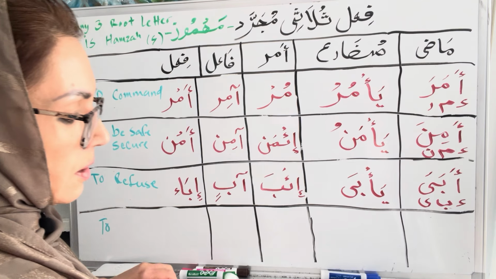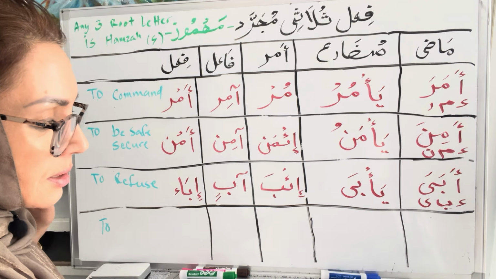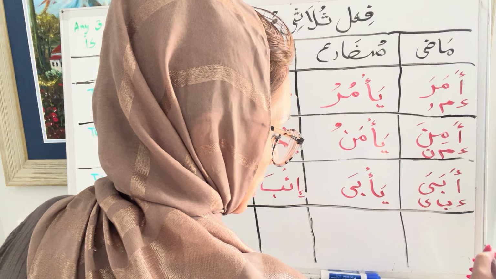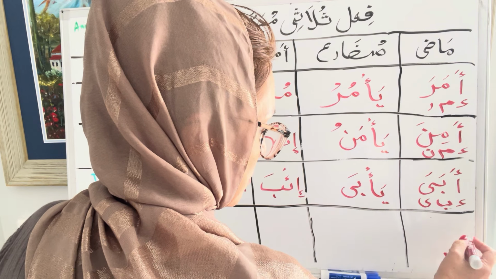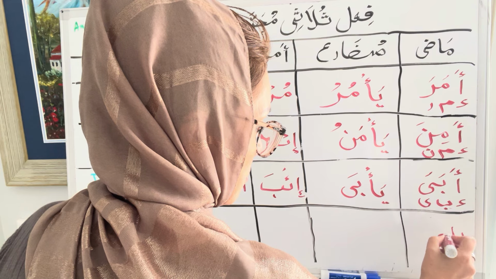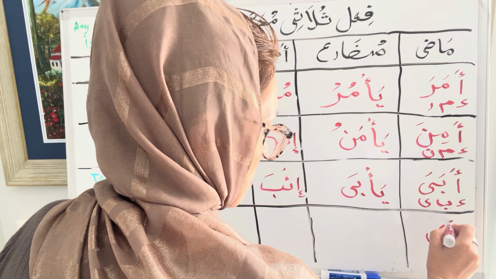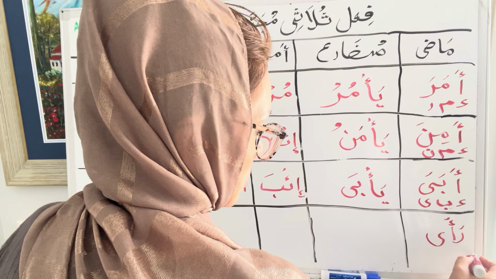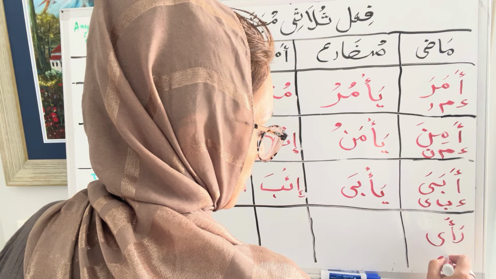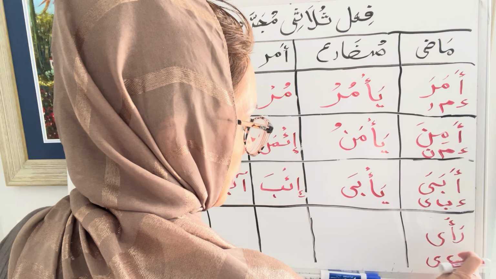Okay. The next word is ra'a. So this is ra, hamza, and ya.